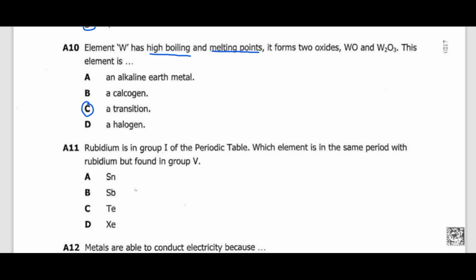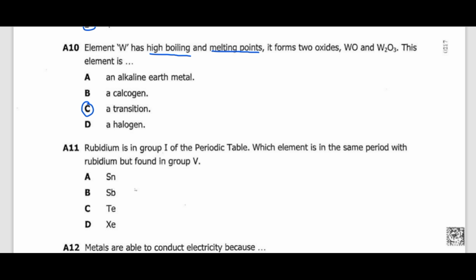Now we move on to question A11. Rubidium is in group 1 of the periodic table. Which element is in the same period as rubidium but found in group 5? For this one we need guidance from a periodic table. According to the periodic table, rubidium is in group 1 and it is in period 5.